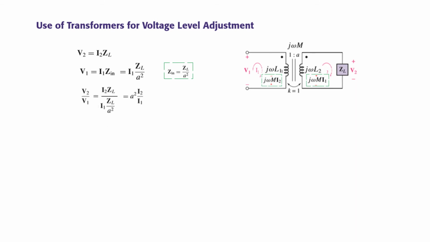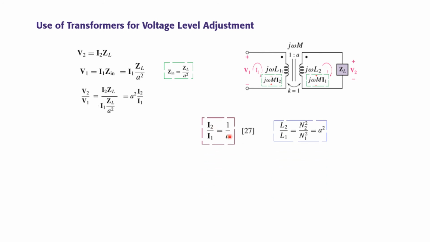And now we divide V2 by V1. So this term divided by this, and cancelling ZL, we get A square into I2 over I1.